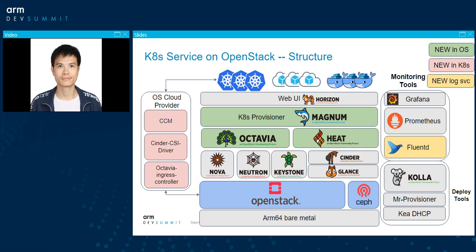On the left-hand side, there is an OpenStack cloud provider for Kubernetes to use infrastructure resources such as volume and load balance service. Okay, this is the overview structure of our Kubernetes service.